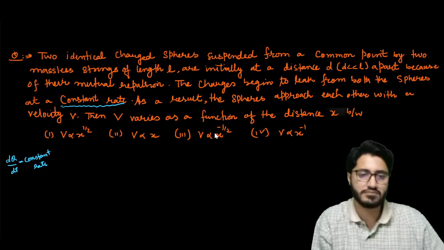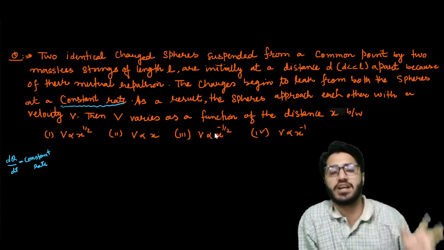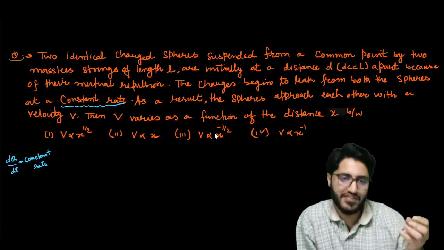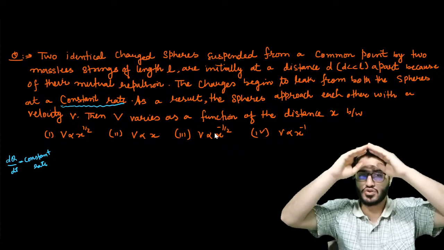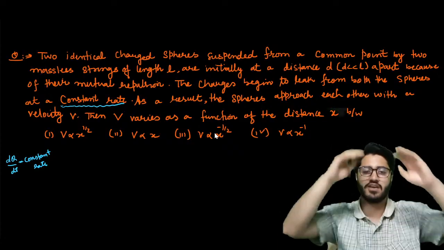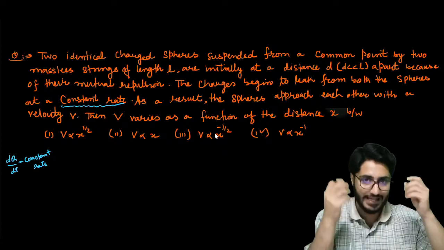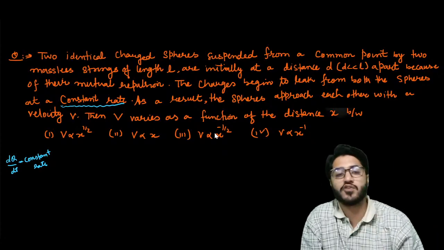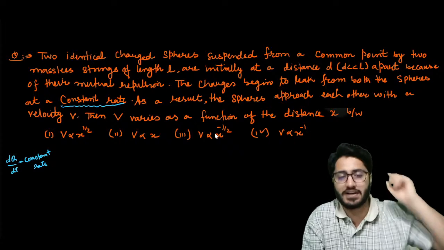As a result, the charge is leaking. That means the magnitude of charges is getting lesser and lesser. So if initially my pendulums are like this, now due to the leakage of charge, these will come closer to each other. If these two particles are coming closer with velocity v, we have to find the velocity as a function of x.